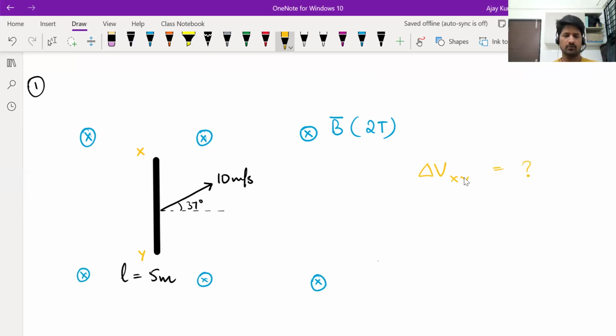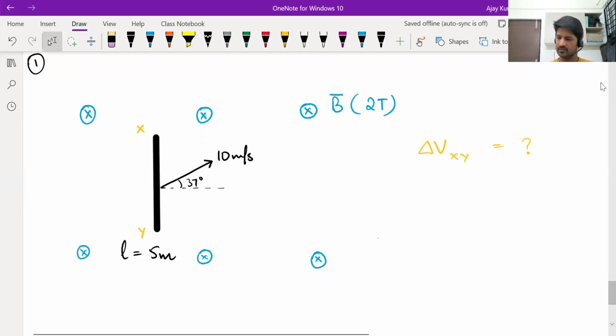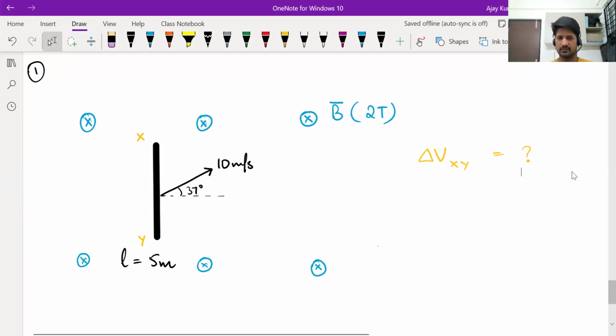So basically you have to find out the EMF induced. Try this, all of you. I want answers from all. Magnetic field is given, direction is given, length, direction is given, velocity, direction is given.